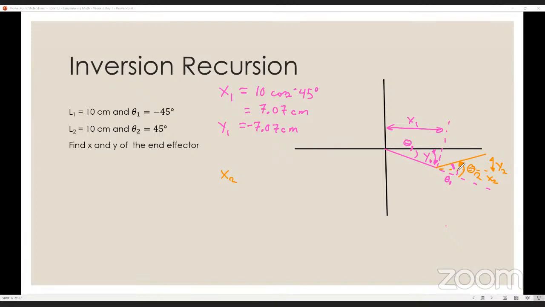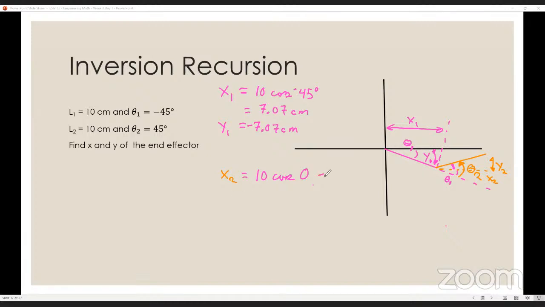Yeah, man. Oh, man. How's that going to work? So I did not draw this to scale whatsoever, but this is going to tell me that x is 10 times the cosine of 0, which is 1.